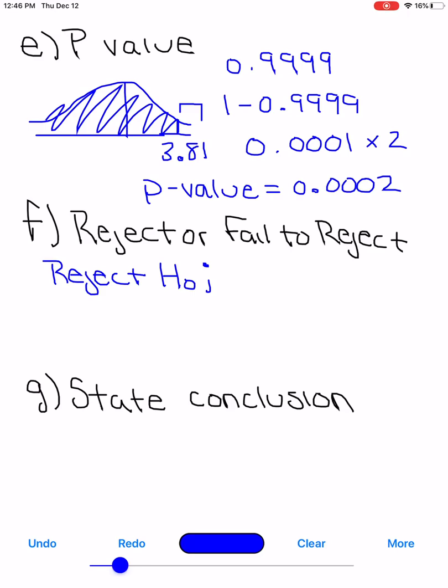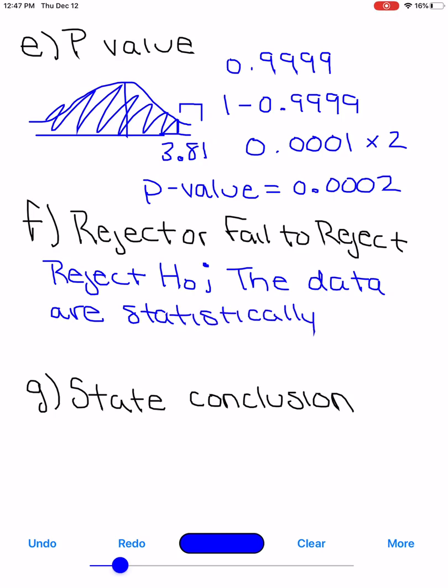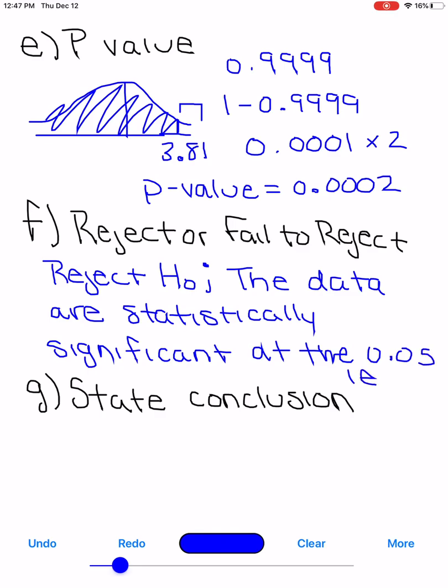So since we rejected the null hypothesis, we can say the data are statistically significant at the 0.05 level. And that's just restating your level of significance.